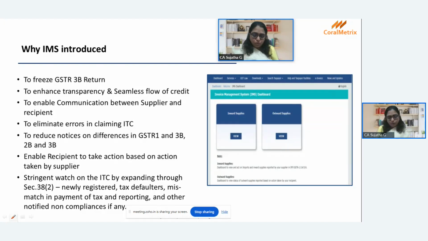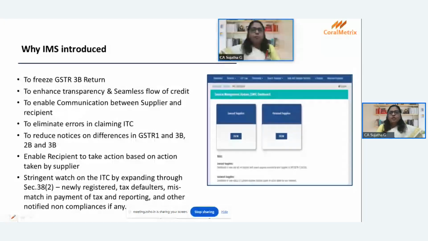Today, if you look at it, you are availing the input tax credit. This is what is called seamless input. We call everything seamless, but what is seamless, God only knows. So when it comes to GSTR 3B, if you are able to avail whatever is directly appearing in GSTR 2B, that is seamless. But it's not so.